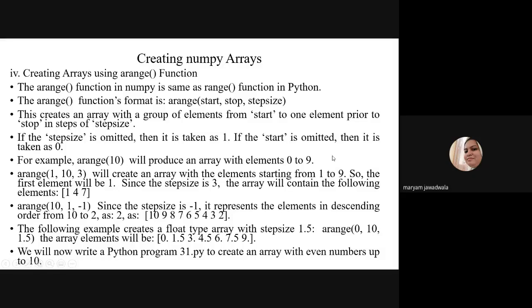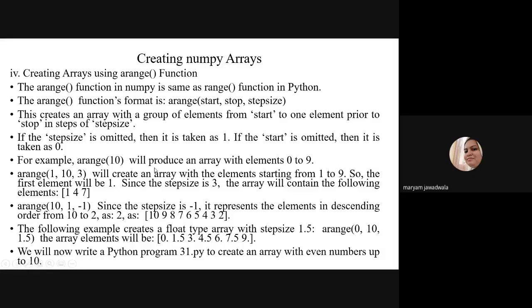And if the start is omitted, if you are not writing anything for the starting index, then it is taken as 0, meaning the arange function will start your array with 0. And stop means one less than the stop value.